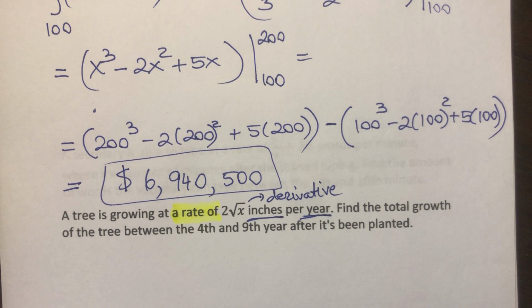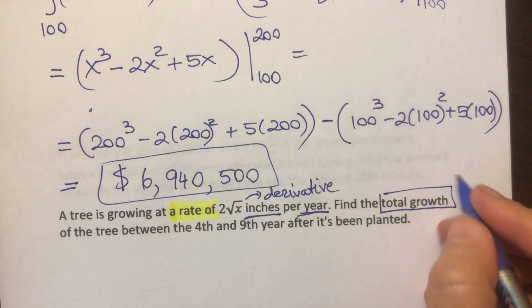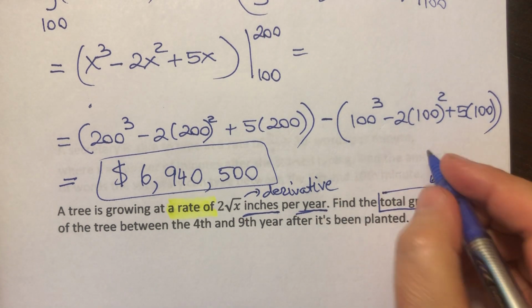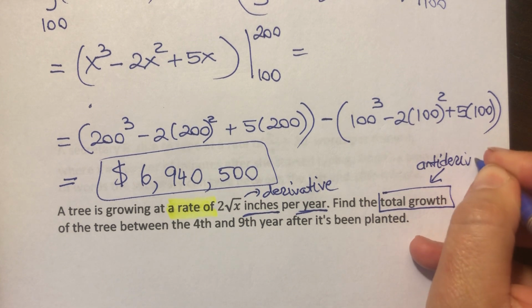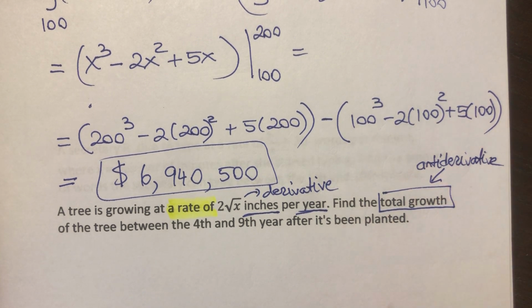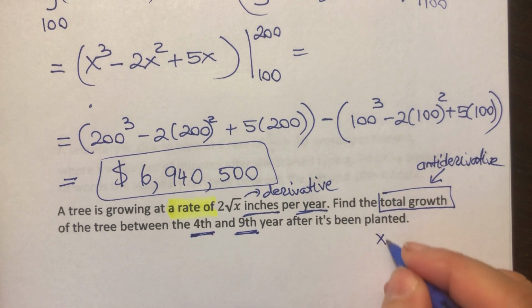At this fast, a tree is growing. Find the total growth. So it means to go back and find the antiderivative of the tree between the 4th and 9th year after it's been planted, when X is the number of years, right?